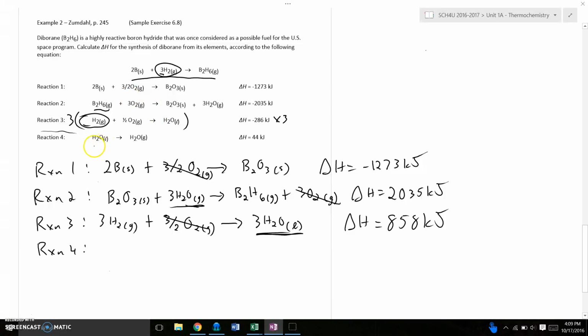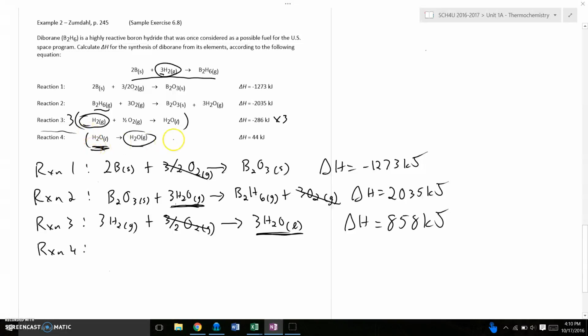So looking here, I have water going from the liquid state to the gaseous state, which is perfect because you can see in reaction 2, I have 3 water molecules in the gaseous state. I want 3 gaseous water molecules on the right-hand side, and vice versa.